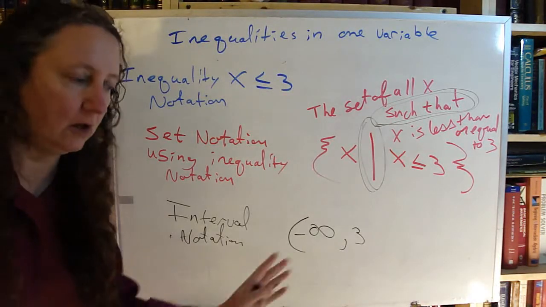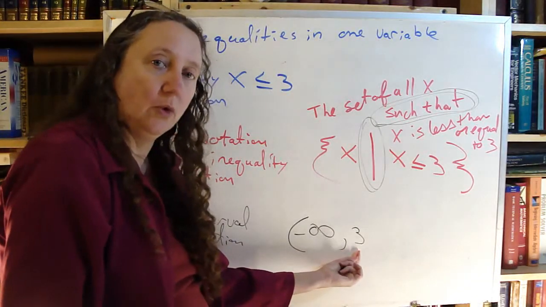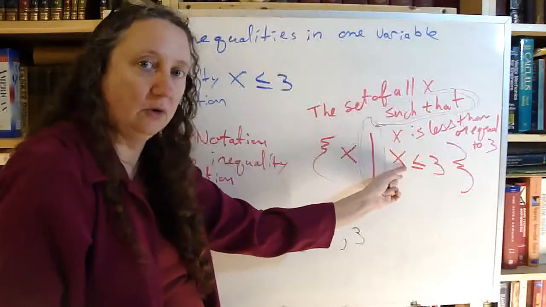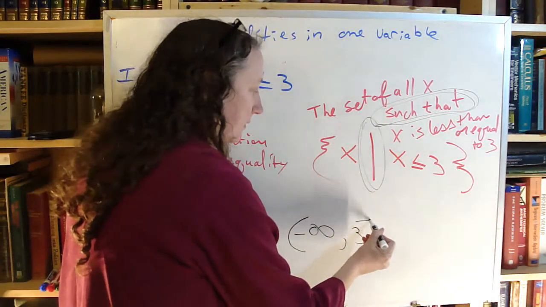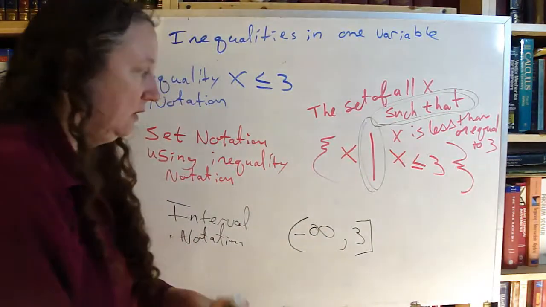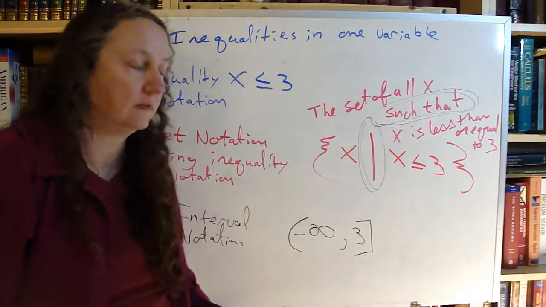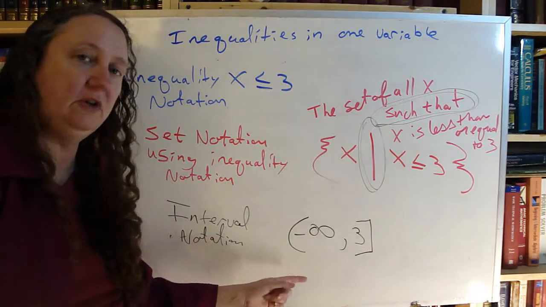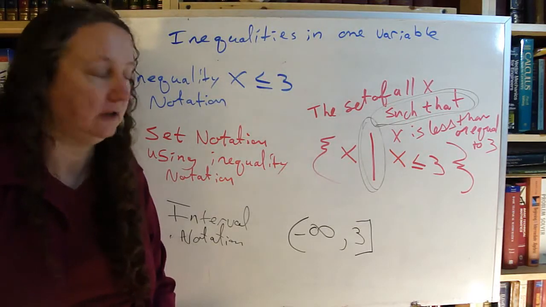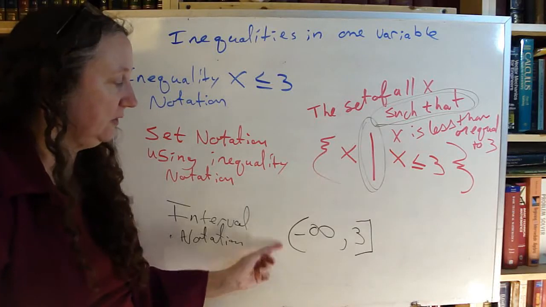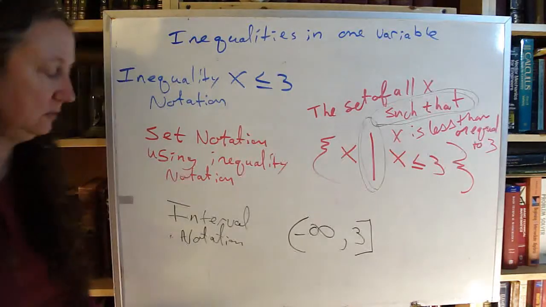It can't go to 4, it can't go to 5. And then we ask, is it allowed to equal 3? It has that extra little bar under it. So yes, it is allowed to equal 3. So because it's allowed to equal it, I'm putting the square bracket on it. Round parentheses, because you can never actually reach infinity, whether it's positive or negative infinity. So the round parentheses means it will not equal. The square bracket means it will equal.